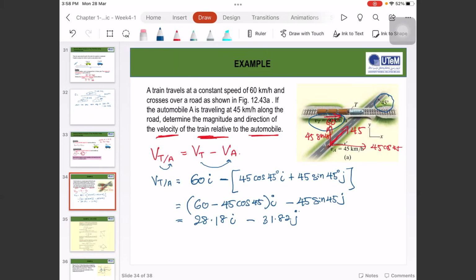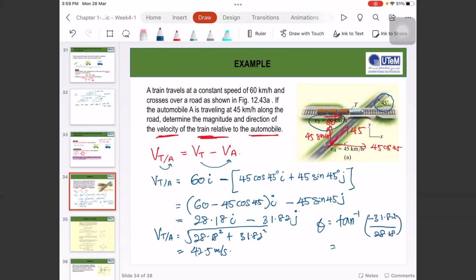Okay, so magnitude is 42.5 km per hour. Direction, first J over I, minus 31.82 over 28.18.